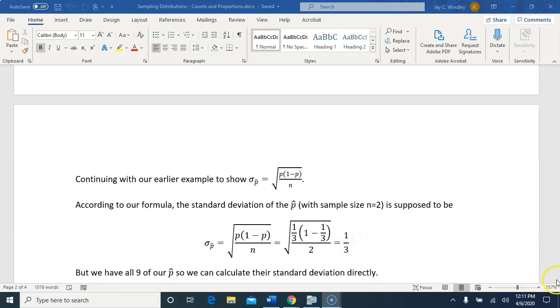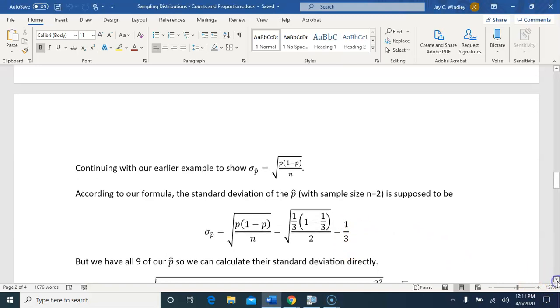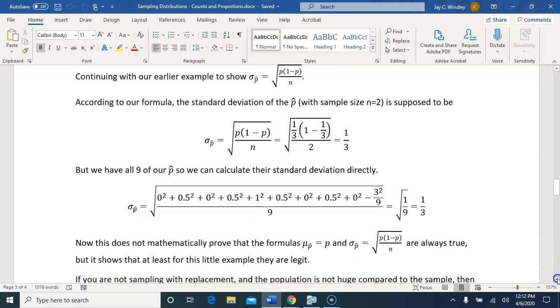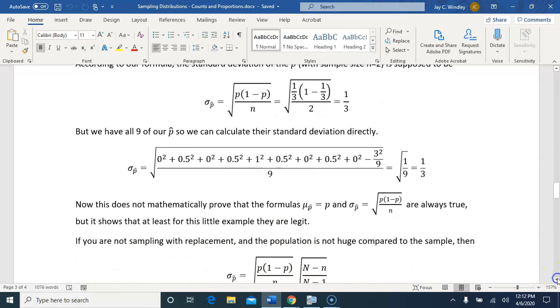But we already have listed all of our p-hats, so we can figure out the standard deviation of the p-hats like this. Each of the p-hats squared minus the sum of the p-hats squared divided by n, and that also comes out to be 1/3. So just a real quick verification that that formula for the standard deviation of the p-hats works.